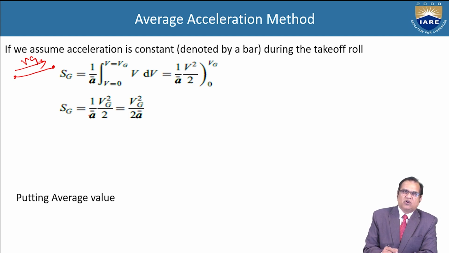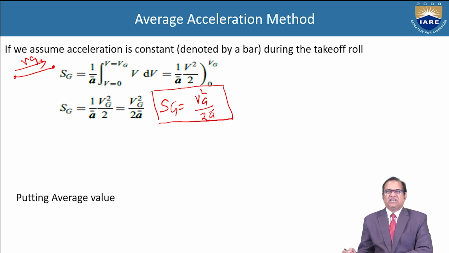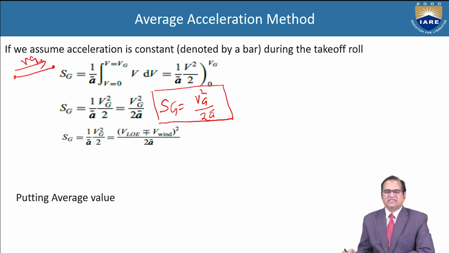So Sg is equal to 1 by a times Vg square by 2, or Vg square by 2a. So this Sg is equal to the ground velocity squared divided by 2 into acceleration. This is the ground roll distance Sg we can find by this method.